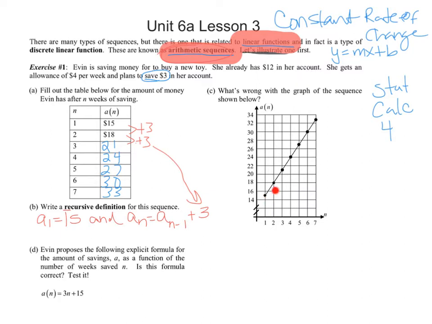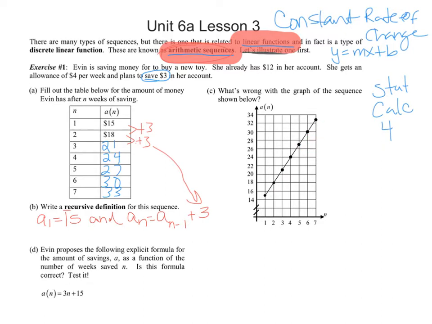So we want to just create our points and plot our points, and I'll give you a nice trend. If they ask you about the slope, what kind of slope is it? It's a positive trending slope. They can ask you questions on that, but you should not be connecting these with lines. That's what's wrong with this graph here.